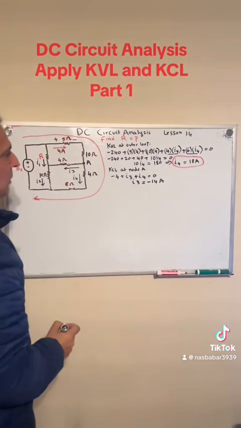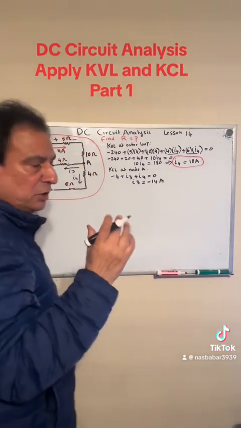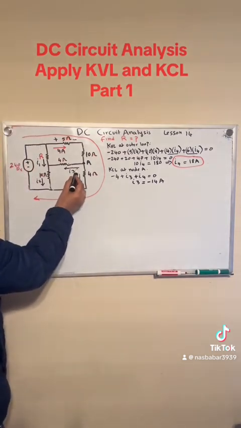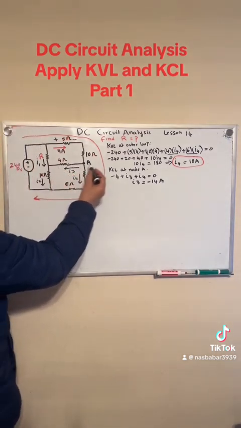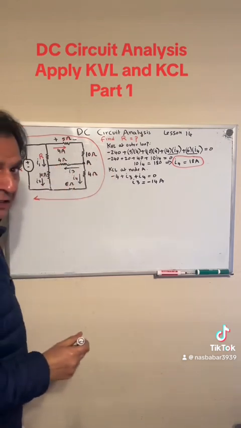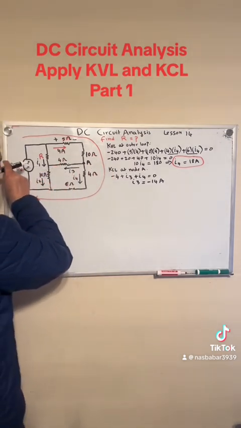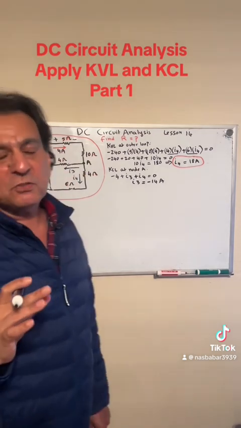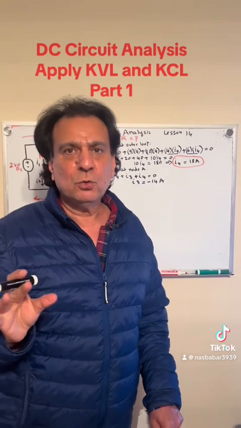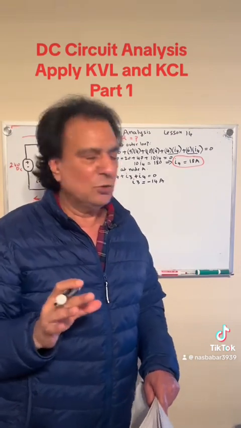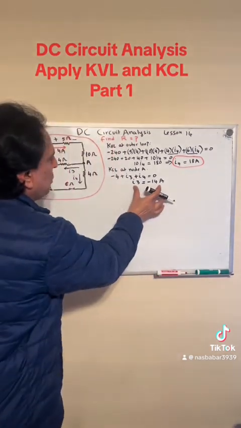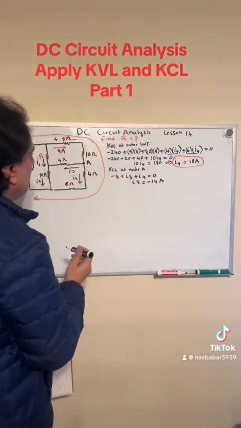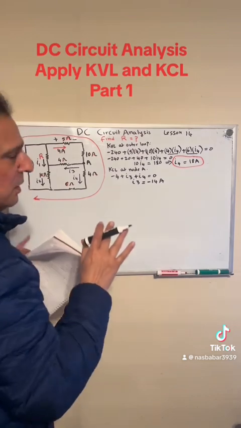Oh wow, that's a good test. It's a good thing that we get this negative 14 amps. That means my assumption that I3 is flowing this way is incorrect. In reality, I3 is going towards the node. But what I would suggest is don't change the direction of the arrow. Leave it the way it is, because this is going to help you solve the problem as long as you leave I3 as negative 14 amps.